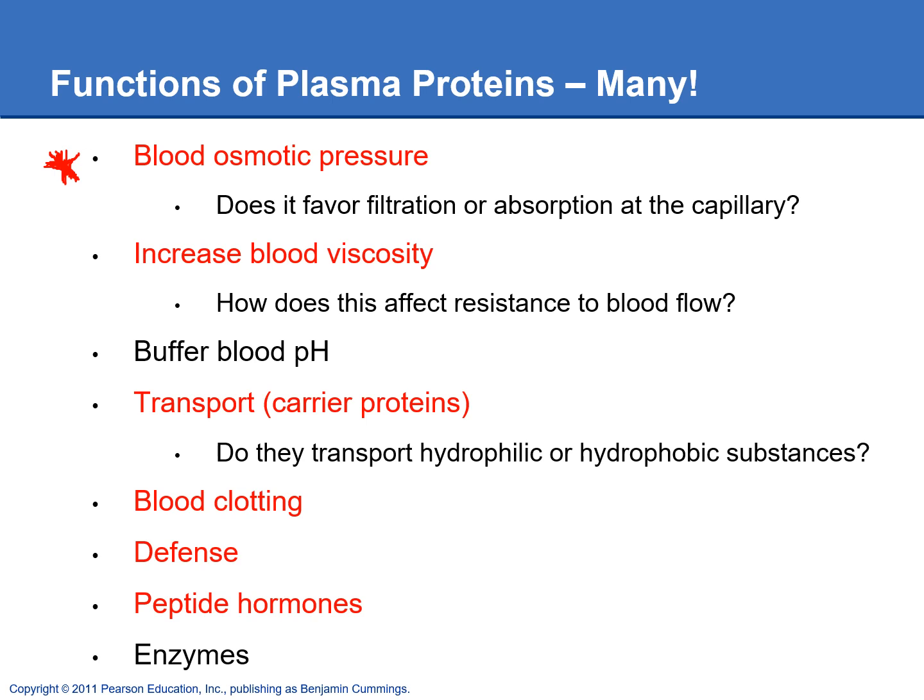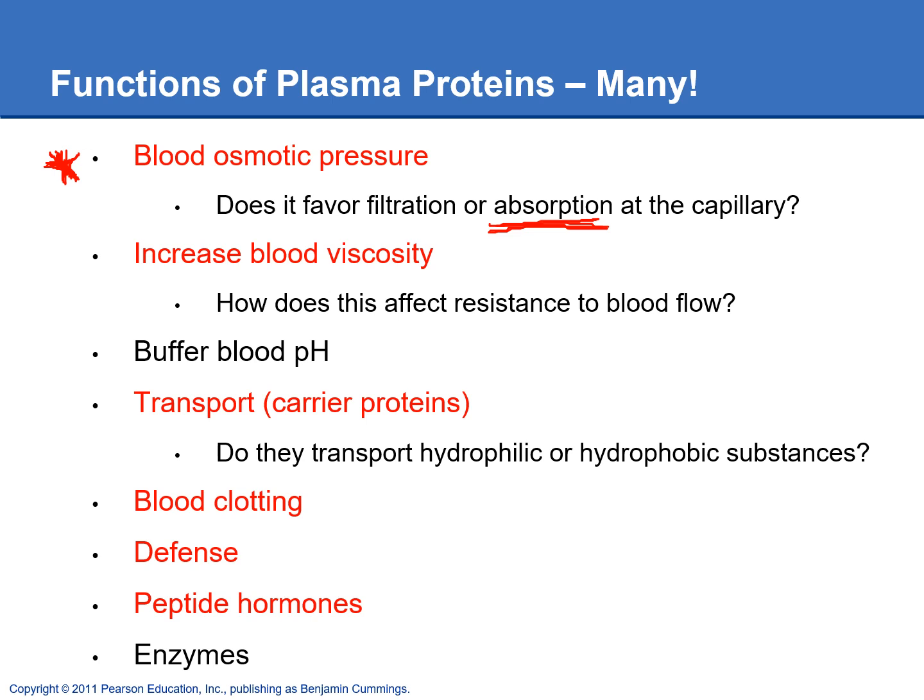So are these plasma proteins going to favor filtration or absorption in the capillary? So hopefully you said that it's going to favor absorption. And remember that's really important at the venule end of the capillary. That's what's going to pull the fluid back into the blood in the capillary at the venule end and return the blood back to the heart.